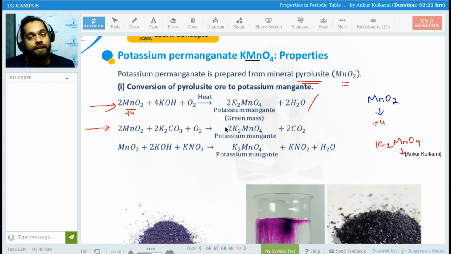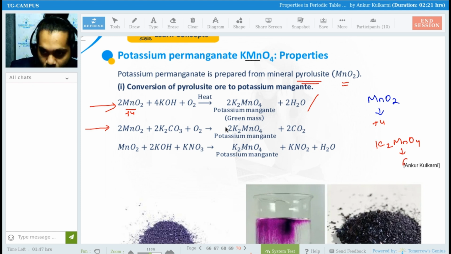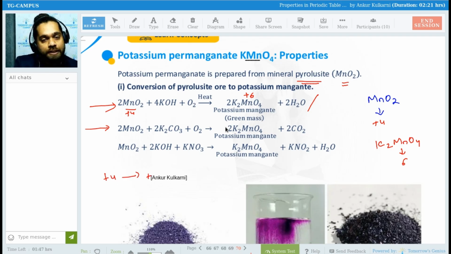Tell me the oxidation state of Mn in K₂MnO₄. Correct, it is +6. As I told you, +4, +6, +7 are the common oxidation states of Mn. In the first case, we are going from +4 to +6. In the second case, we are going to +7.